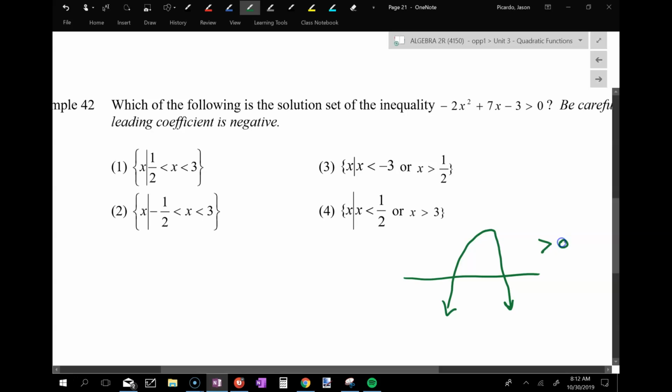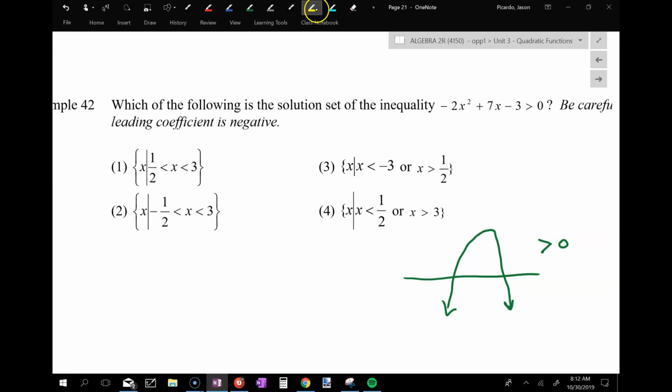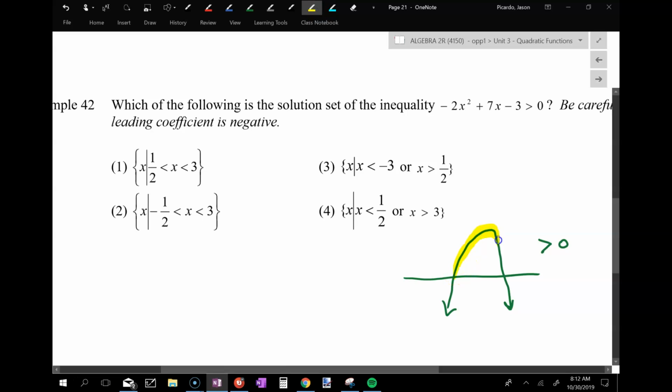Well, greater than 0 is definitely up here, no doubt. So do you agree that that means that it's this piece of it, right? So check it out, guys. Is that the solutions that are outside of or between the roots? Yeah, it's the ones that are between the roots, right? It starts here and it ends here. It's all these ones, right?